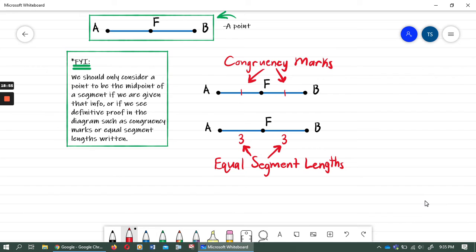We're going to look at two or three examples with midpoints and segments before we actually look at using the midpoint formula.